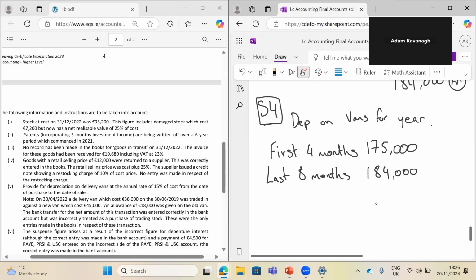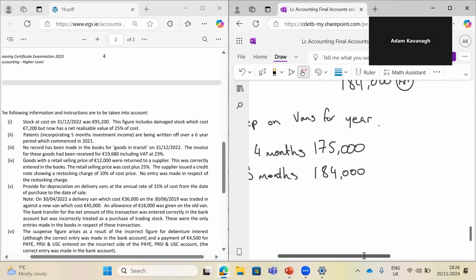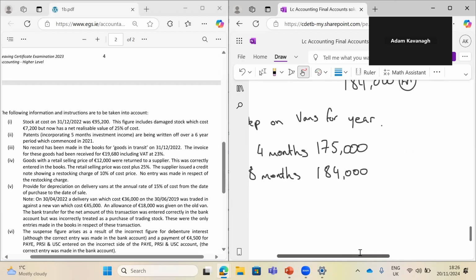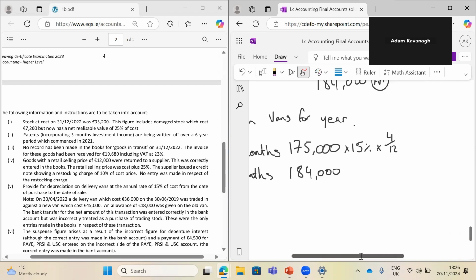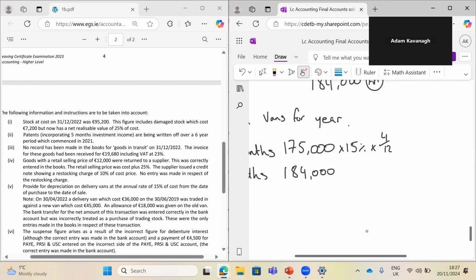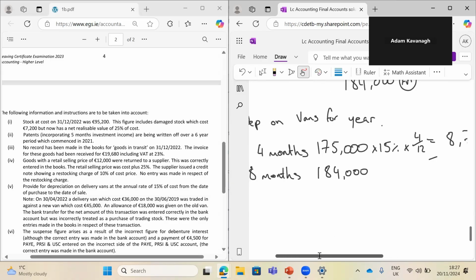Now again, we know depreciation is charged at 15% per annum. So to figure out the 4 months, you do 175,000 multiplied by 15%, multiplied by 4 over 12. Okay, and that will give you 8,750. And then for this one, we had the amount for 8 months.